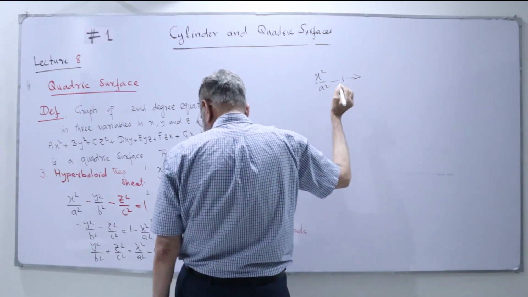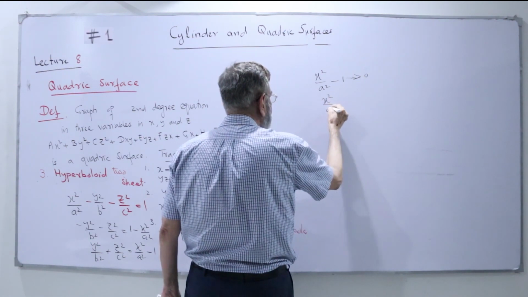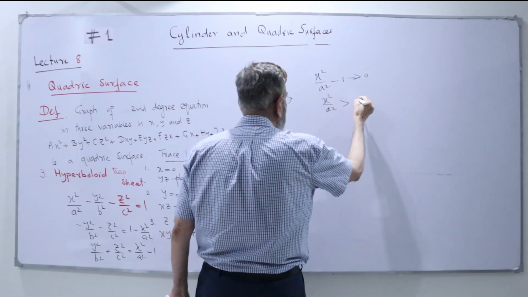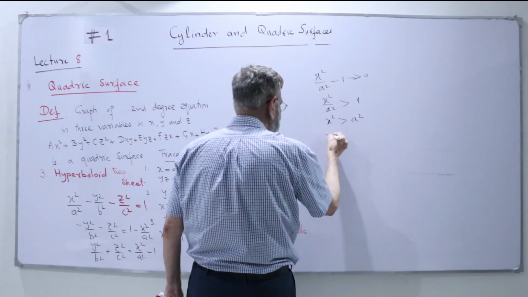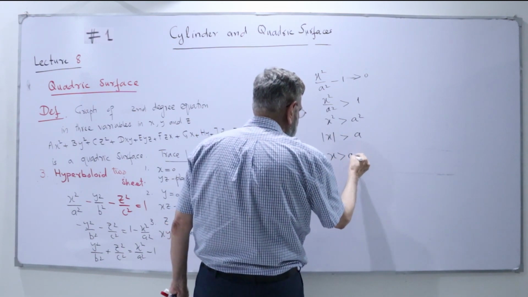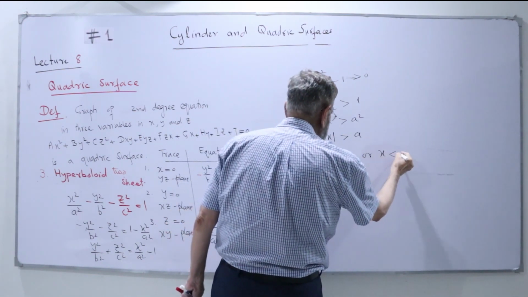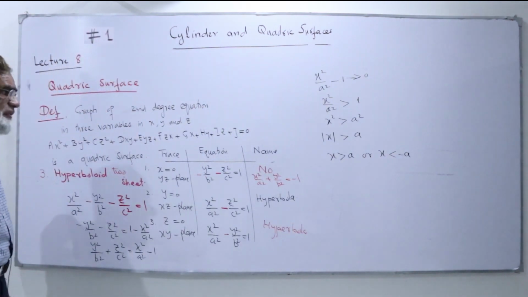I just want to say it is bigger than 0. So we get x square upon a square bigger than 1, or x square bigger than a square. I take the root of both sides: the absolute value of x is bigger than a. That means x is bigger than a, or x is less than minus a. If x is bigger than a or x is less than minus a, then we have the graph.